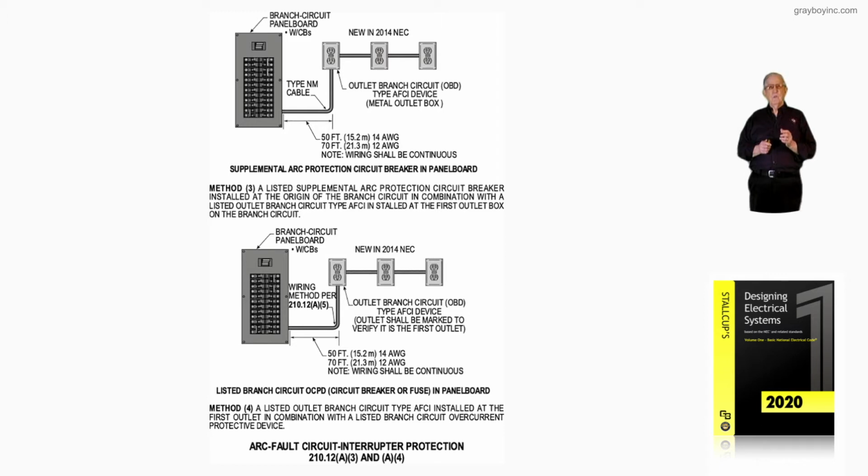And then notice this would be method 3 in the drawing, and it states a listed supplementary arc protection circuit breaker installed at the origin of the branch circuit in combination with a listed outlet branch circuit type AFCI installed at the first outlet box of the branch circuit. Now, notice this became an acceptable method in the 2014 NEC.